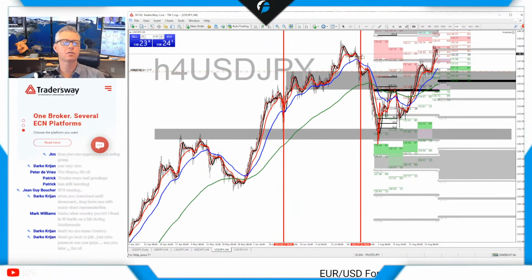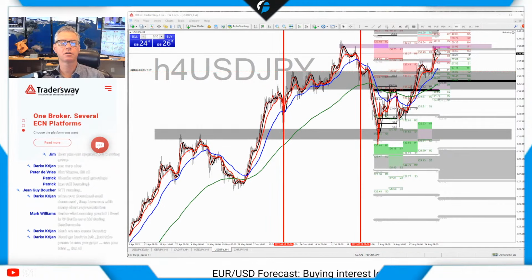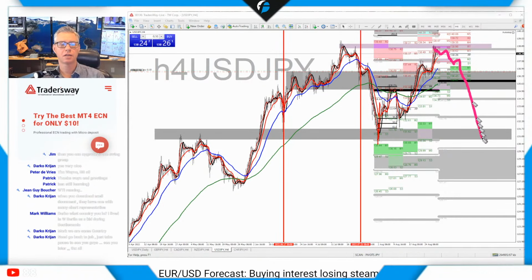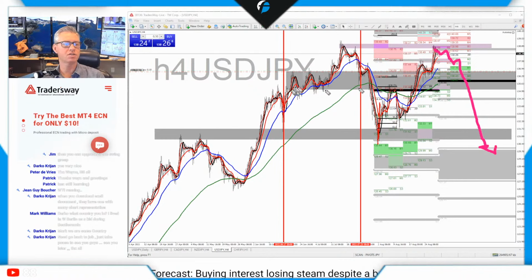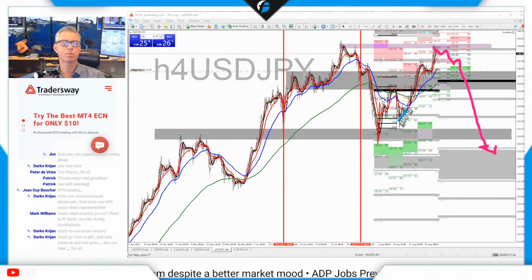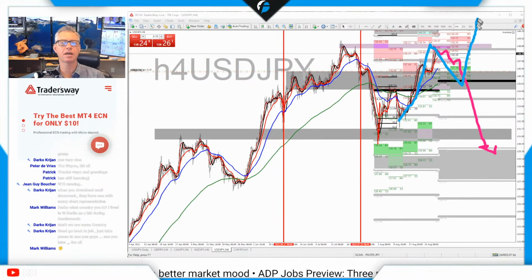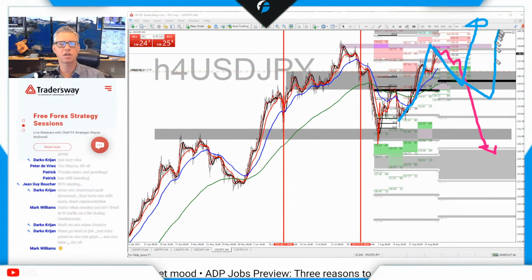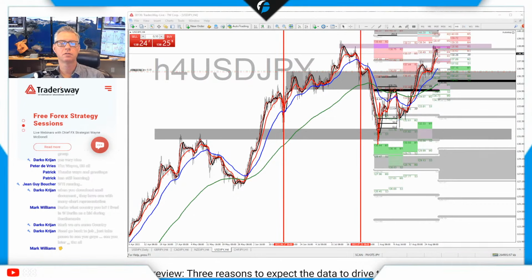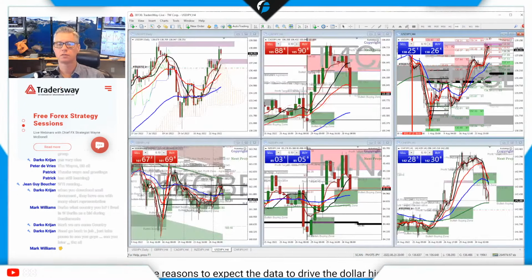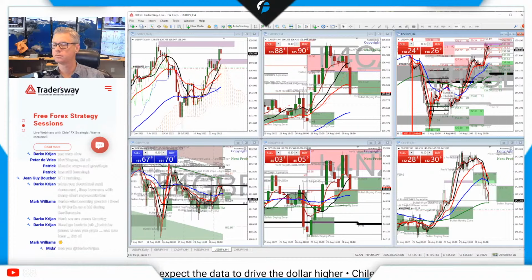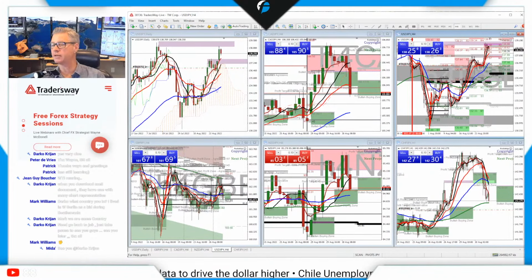Once again, testing the top. That's also, by the way, you see it right here? If you're a bear and you want to sell the dollar and buy the Japanese yen, that's your trade. If you're not a bear, it's probably going to look something like this. Worst case scenario, that. Cool, right?